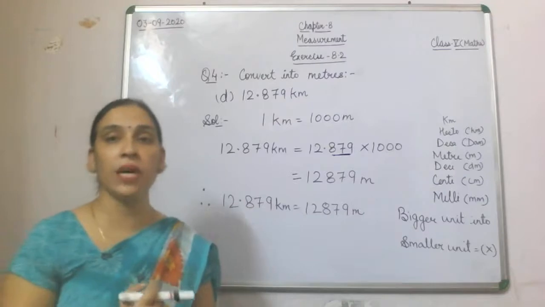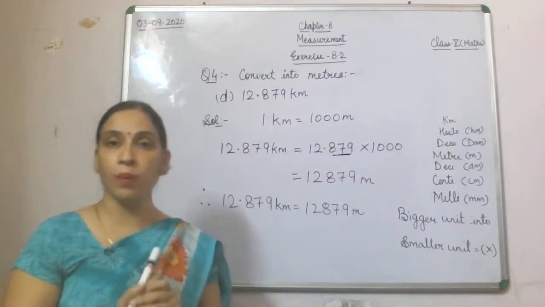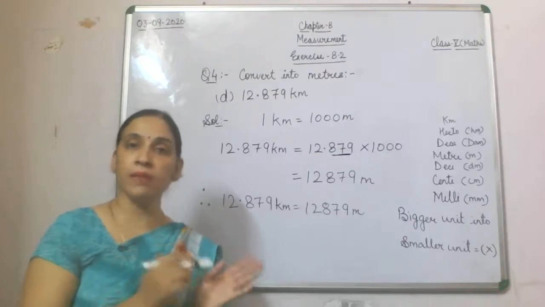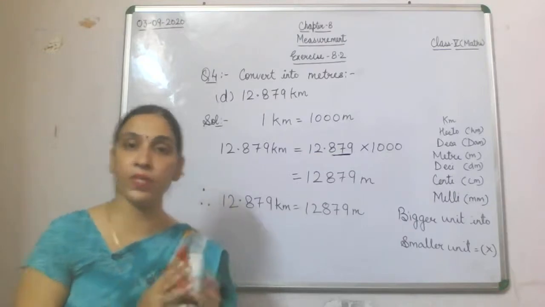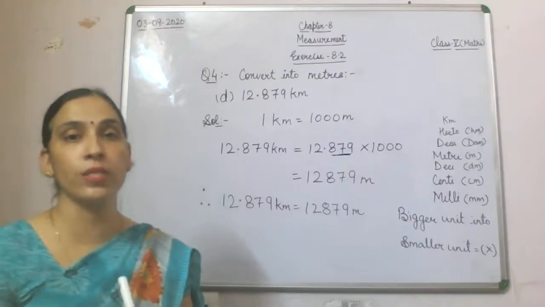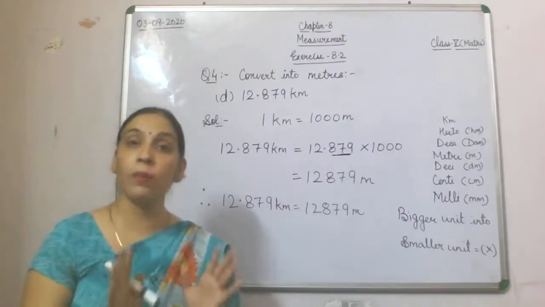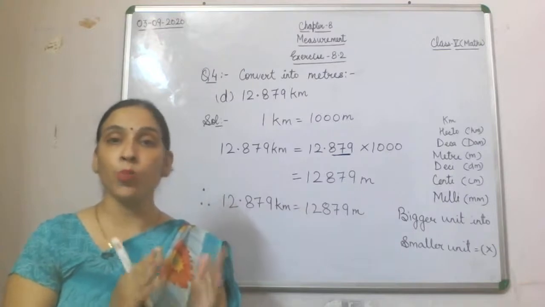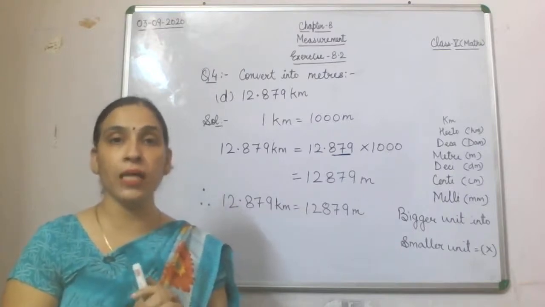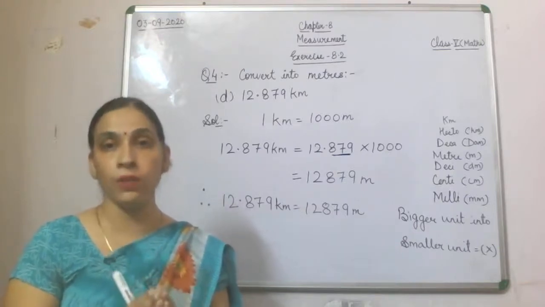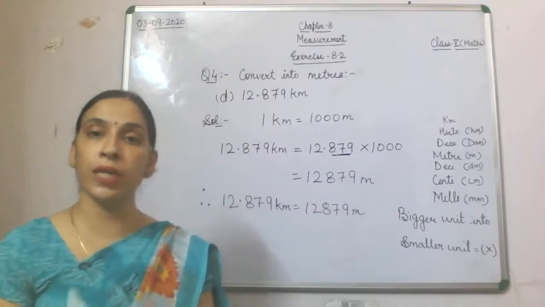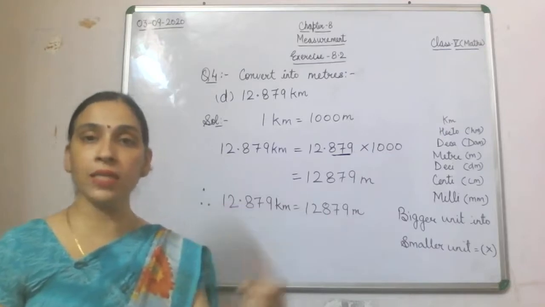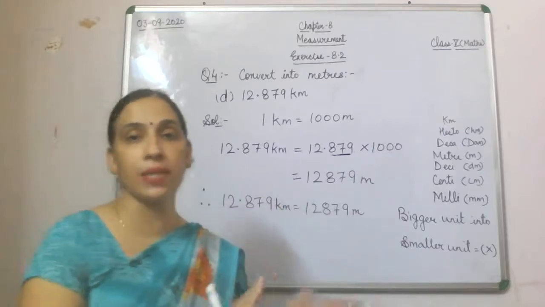Fine. So children, what have we done today? Today we have done conversion from a bigger unit into a smaller unit, the concept we were doing in the previous two classes. Now children, tomorrow we are going to see how to do conversion from a bigger unit into 2 units, like meter will be converted into meter and centimeter.